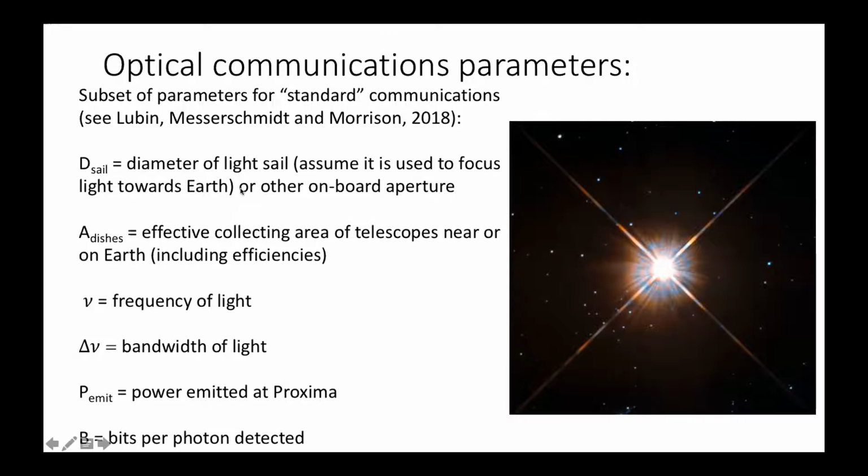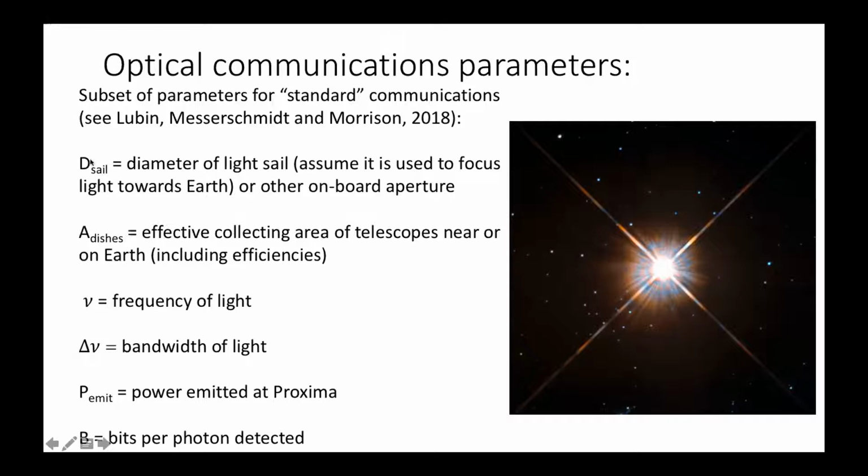But the question is, how do we get these 4 to 8 orders of magnitude? You can use these different parameters to figure out the signal to noise, or the data rate we can get. Basically this is a link budget type calculation.